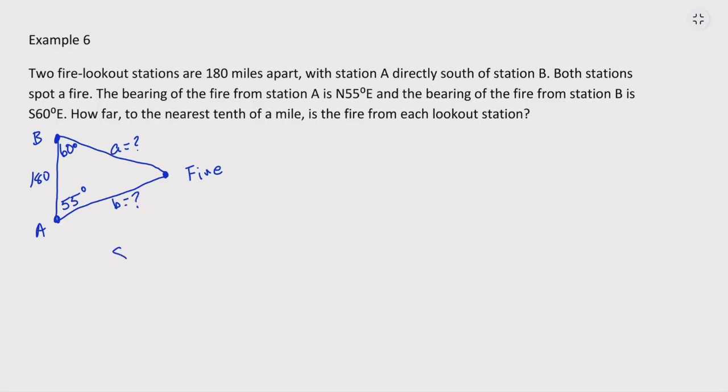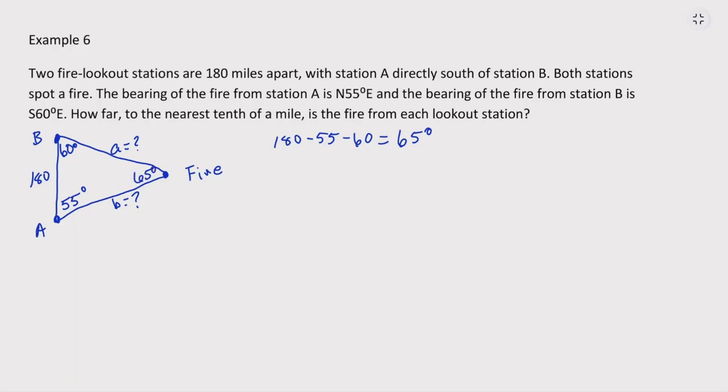Okay, so first let's find angle C. So that would be 180 minus 55 minus 60, which would be 65 degrees. So this would be 65.